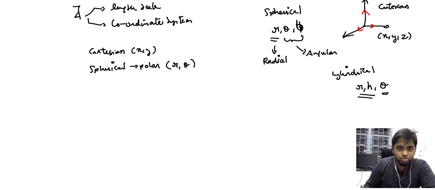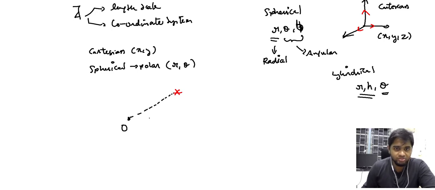If we assume this is a point, to describe it using the polar coordinate system, we begin by considering an origin O, and we describe the length between the origin and our desired point.